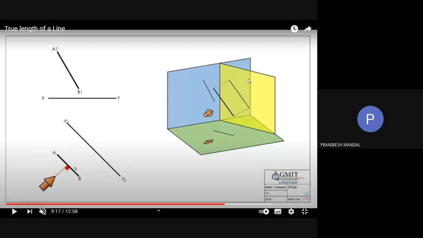So, if we can get this particular view on this additional plane, what can we say? That this particular line will have its true length on this plane, and also the angle shown will give the angle with the horizontal plane.